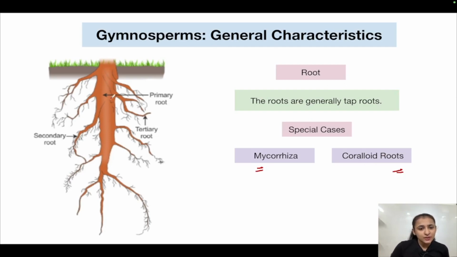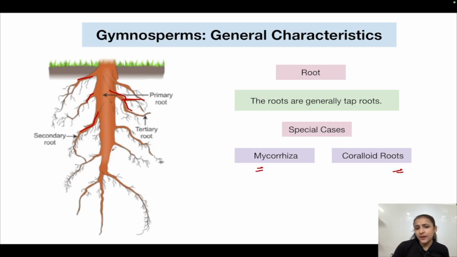The tap roots comprise a main primary root. The primary root is branching into these secondary roots. See these structures here, these are the secondary roots. Now these secondary roots are further branching. These are the tertiary roots. So how is the structure ordered?